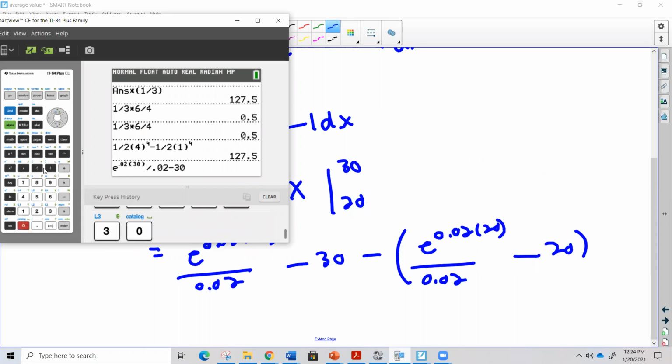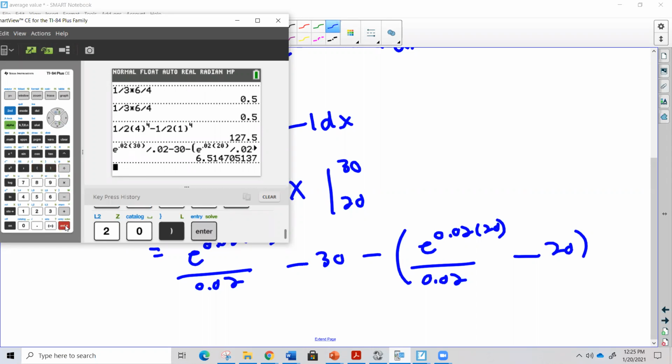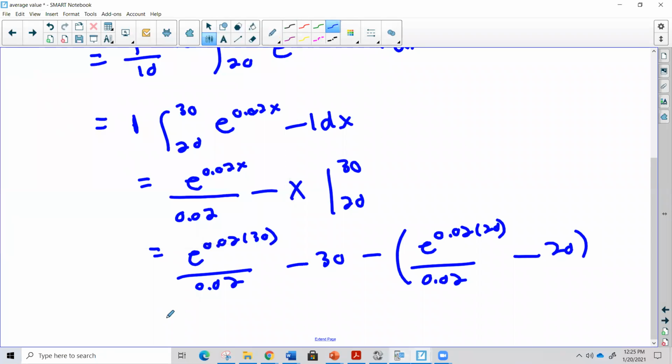And whether you want to do this in pieces or all at the same time, it doesn't matter. Just if you're going to do it all at the same time, be very careful when you're typing it. Okay, so it gives me, if I round to 1 decimal place, 6.5.